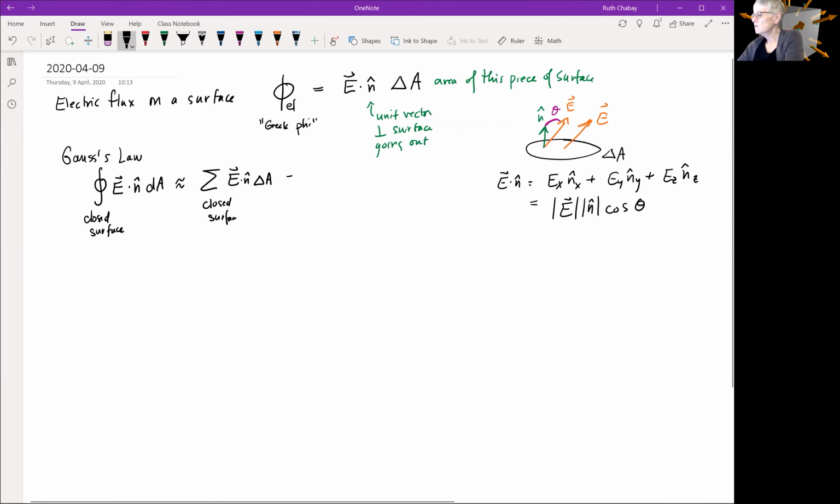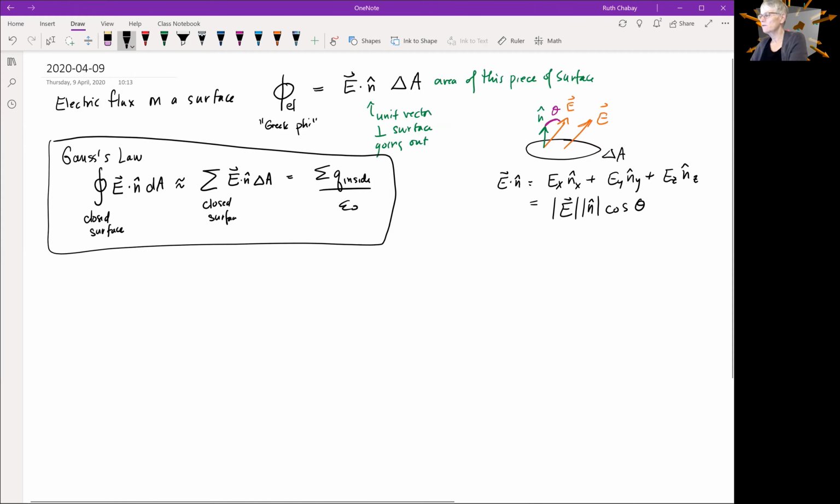And that was equal to the amount of charge inside the surface divided by epsilon 0. So this was Gauss's law. And we were able to use Gauss's law both to find the amount of charge inside a surface, or we can work backwards and calculate flux if we want to. Today we're going to use it for some other kinds of reasoning.